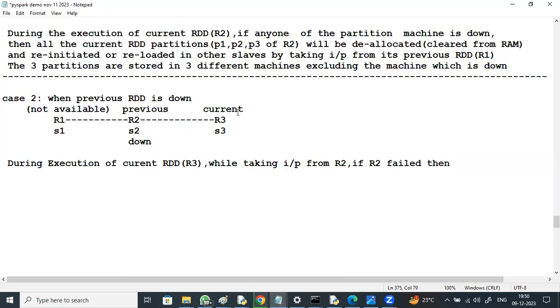Here R1 is stored across multiple systems, say S1 for example, R2 is also stored across multiple systems, and R3 also. Here R2 failed means any one system of R2 failed. If R2 failed, can you load R2 by taking the output from R1?